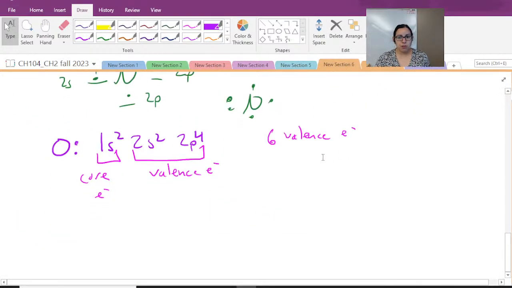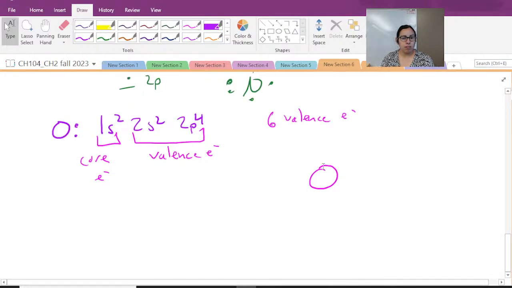And so you'll also start to see, what do you think the Lewis dot structure would look like? Try to draw it out, and then I'll also fill in, so I'm going to rewrite this in a different perspective.